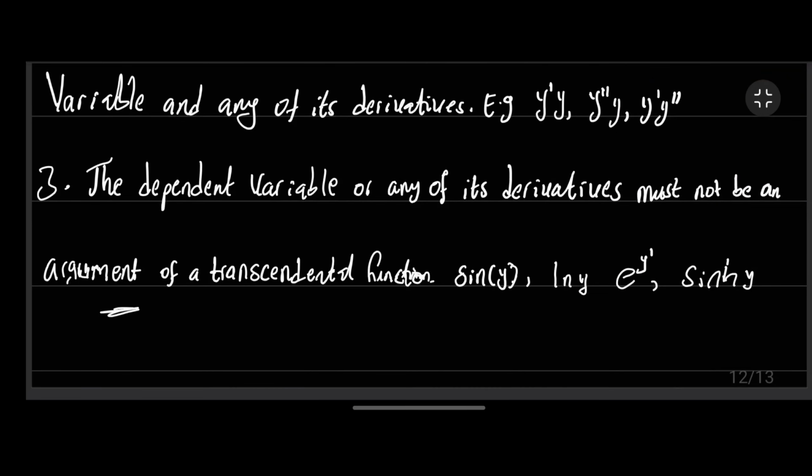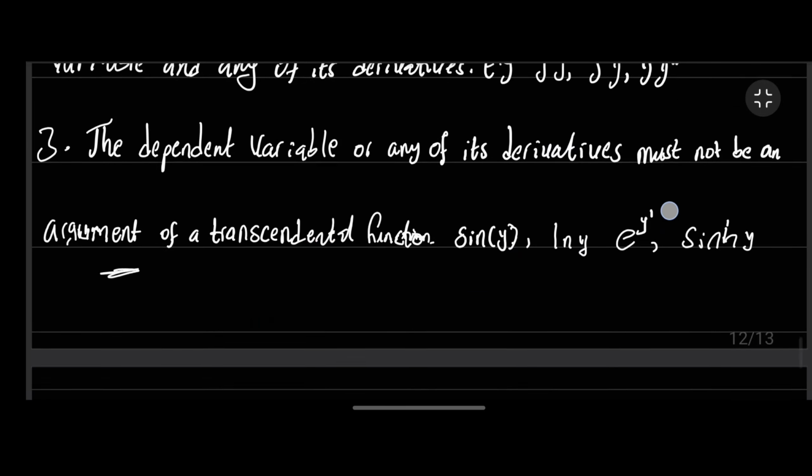So that's it. Okay, so the next condition is that the dependent variable and any of its derivatives must not be an argument of a transcendental function. Okay, what's a transcendental function?